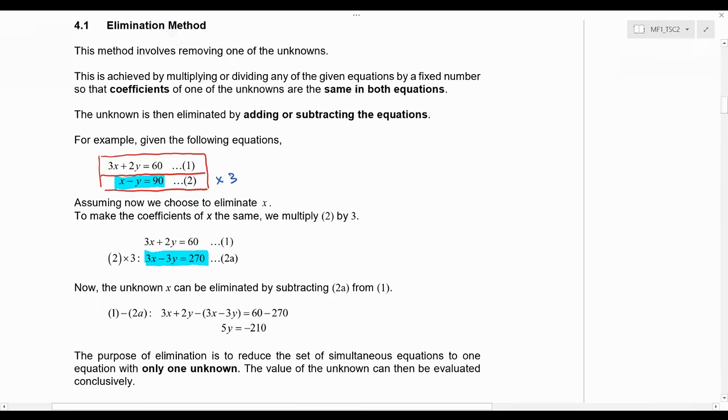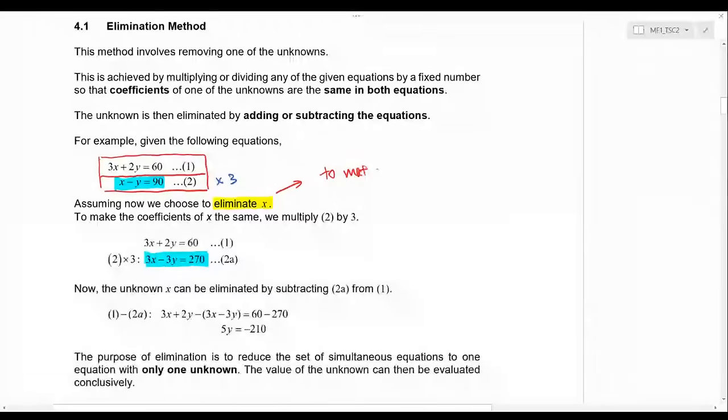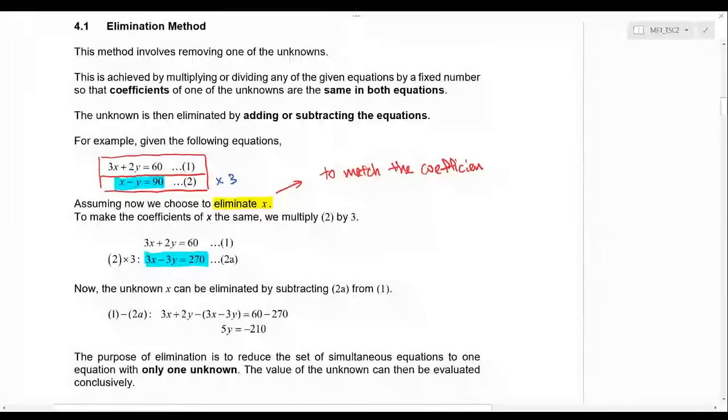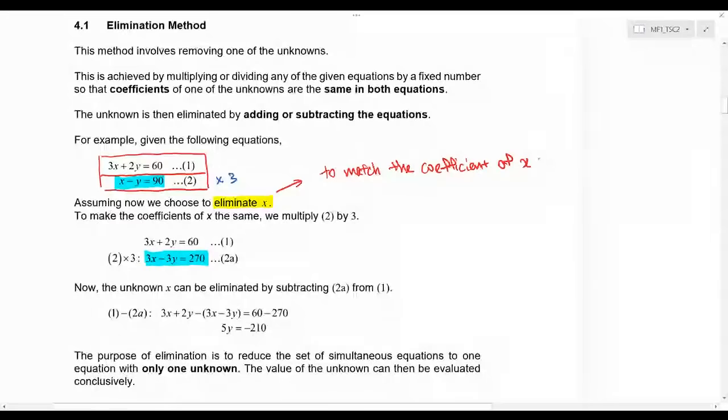Let me highlight this. If we choose to eliminate x, then your first task is to match the coefficient of x. That's the reason why I multiply the equation by 3, which allows me to match the coefficient of x.